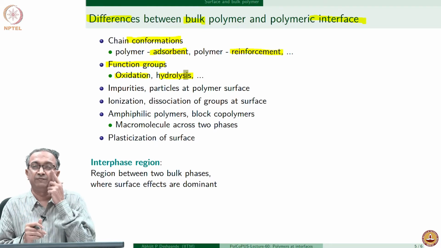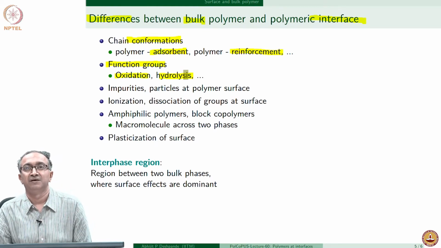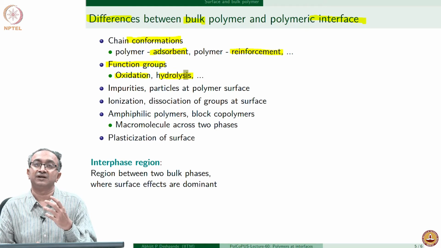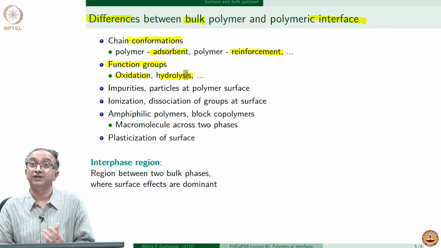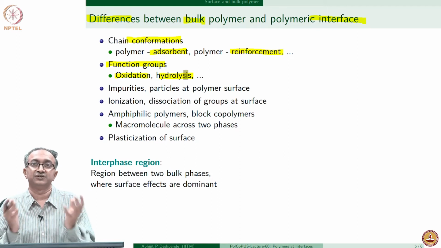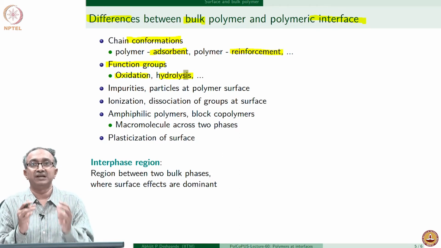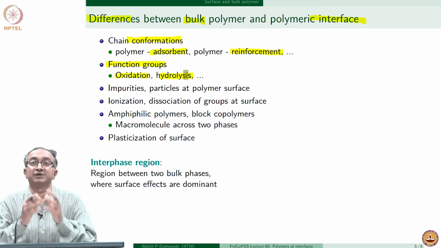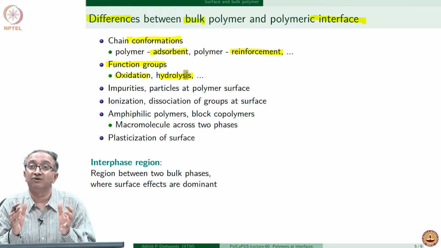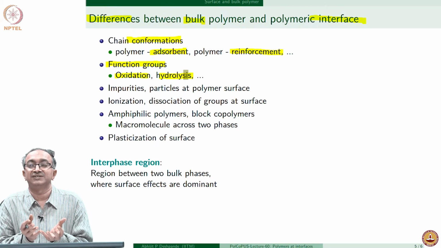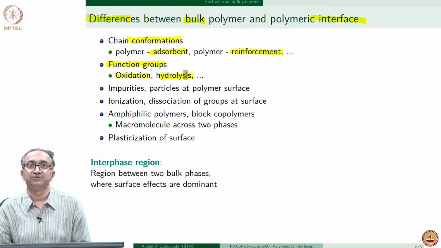For example, when we think of a glass particle, it is just SiO2, but many times the glass interface can also contain what are called silanol groups, SiOH, because of interaction with the environment, water and so on. So, you can see how the bulk of the particle will only be glass, but surrounding it on the surface will be some SiOH groups. So, we cannot think of a glass particle only by focusing on the SiO2. We have to look at the interface and see what is the distribution of molecules.